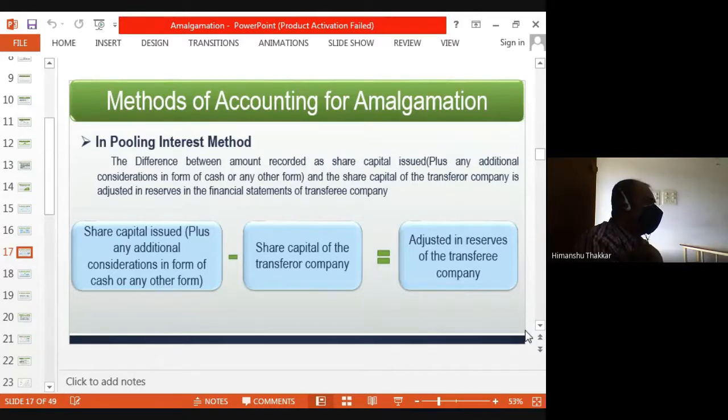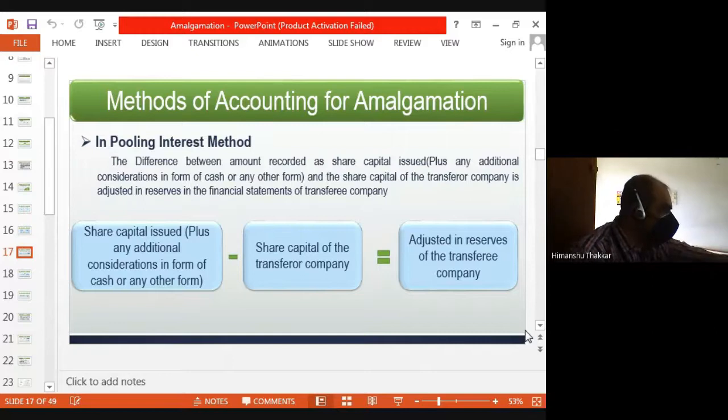So I give 1,20,000 of shares of A Limited to the existing shareholders of B Limited so that I can purchase that business. So this formula says: share capital issued, how much I gave to the existing shareholders of B Limited, minus the share capital which was there with them.